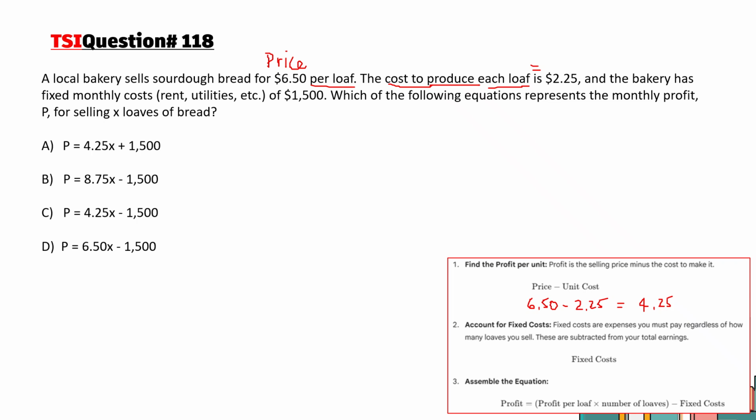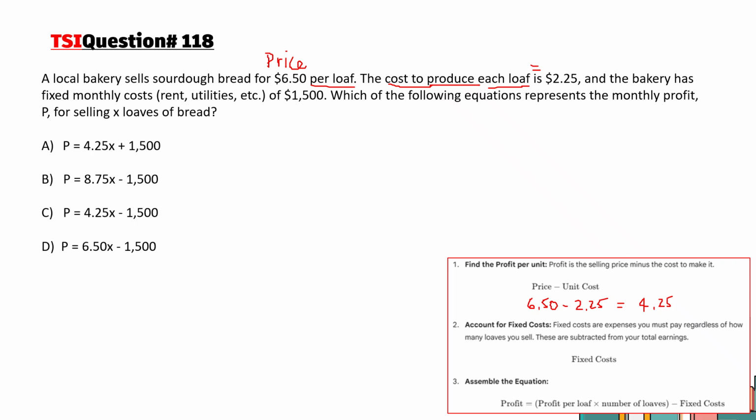So now the fixed cost is the amount of money you have to pay out of pocket, or you have to lose. That is something you will memorize. If you earn money, that's positive.